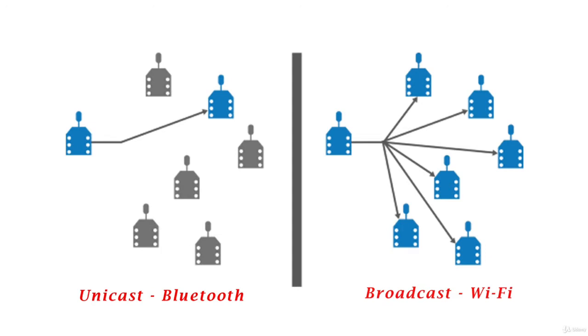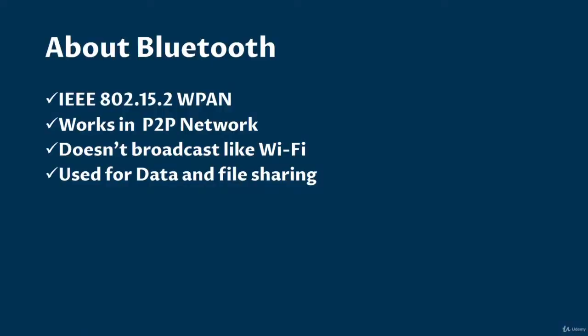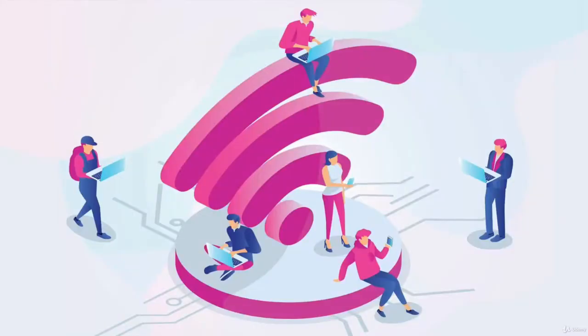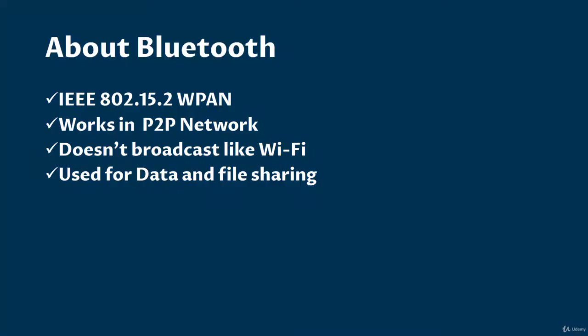Even the limitation is you can't broadcast your files to many such phones. So Bluetooth is more like personal rather than public. That's why we use Bluetooth to transfer data to known devices. And broadcast technologies like Wi-Fi are used as hotspots for sharing internet connection to many users. That is one of the primary differences between Bluetooth and Wi-Fi.